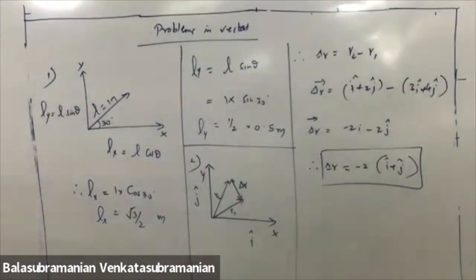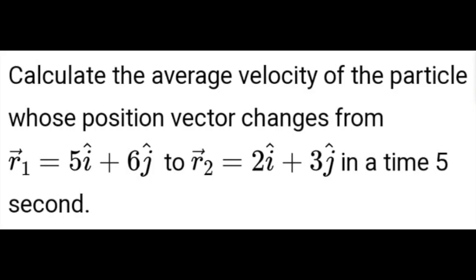Third problem. Calculate the average velocity of the particle whose position vector changes from R1 to R2 in time 5 seconds. R1 value is 5i plus 6j.